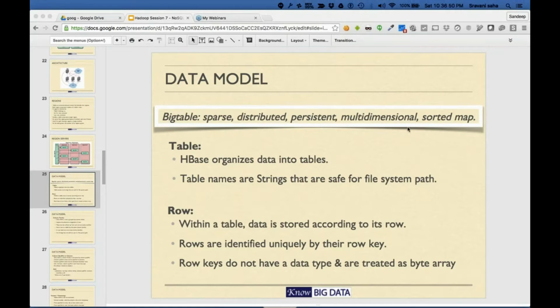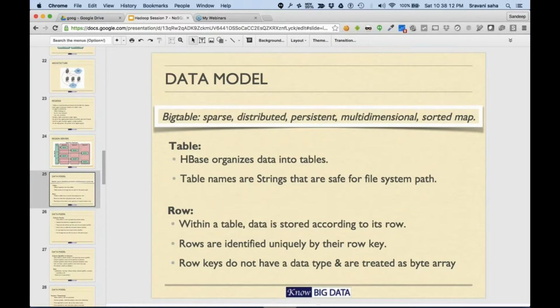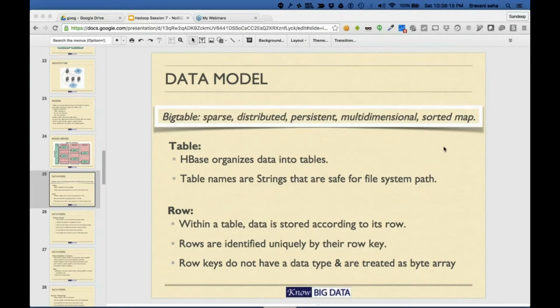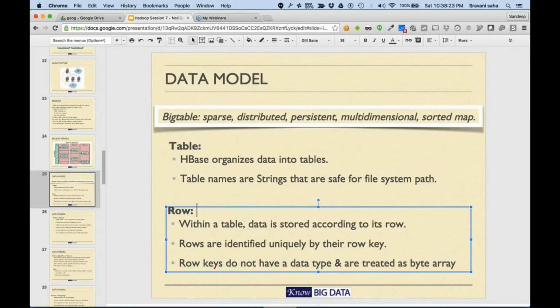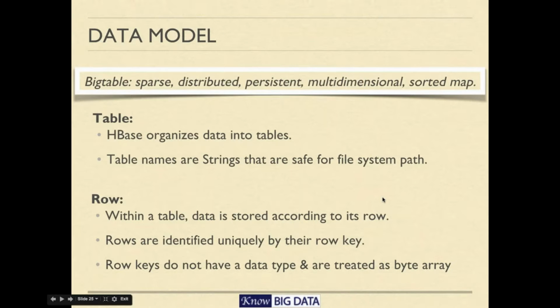Now, the most important part to learn about HBase is the data model. All right, the data model is something which we need to understand clearly, because that's what is going to be a problem when we try to store data. What exactly is a data model? You have certain data and certain expectations from a requirement with respect to the user, that people want to fetch this data first, and so on. There's a certain usage pattern from the user.